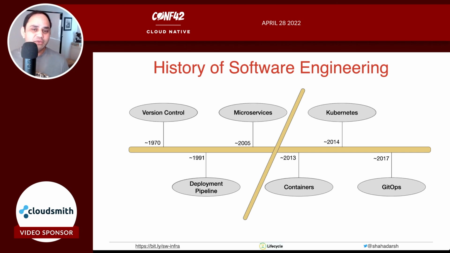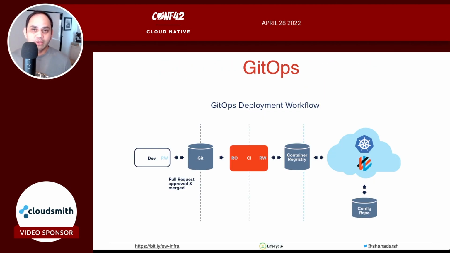It uses the Git pull request workflow so that you can have a pull request, get it approved by someone, and once you merge your changes to trunk, it picks them up and deploys those changes. So here's a typical workflow from Weaveworks that talks about deploying your changes using GitOps.